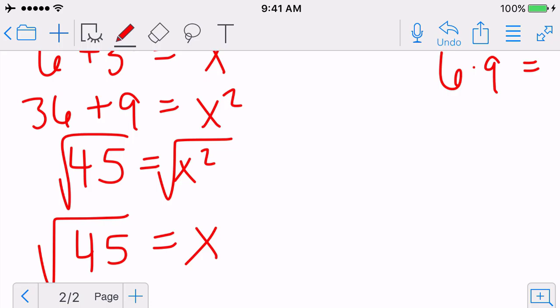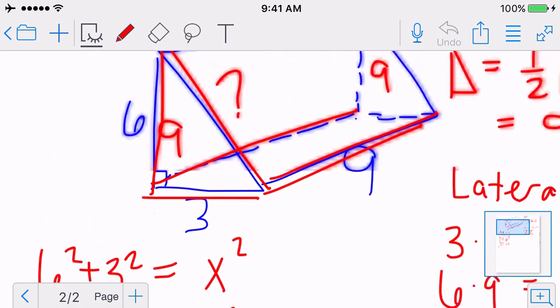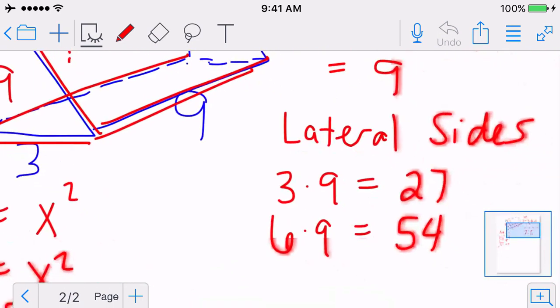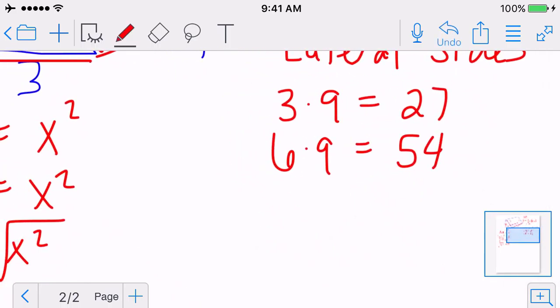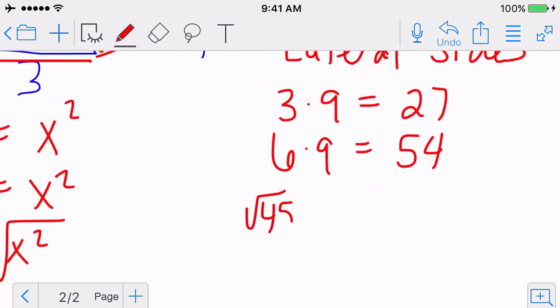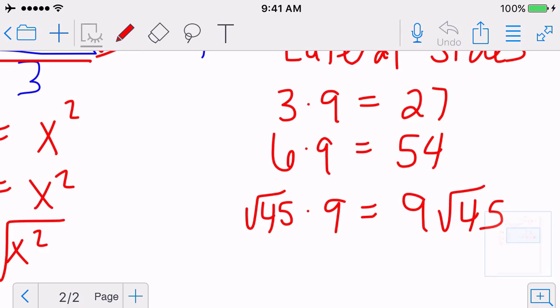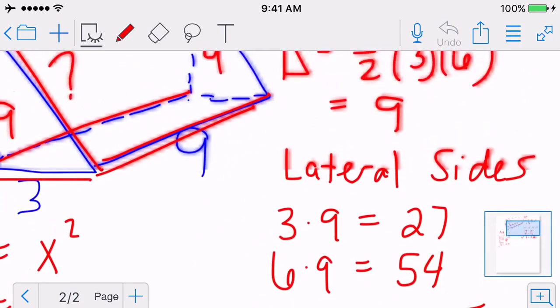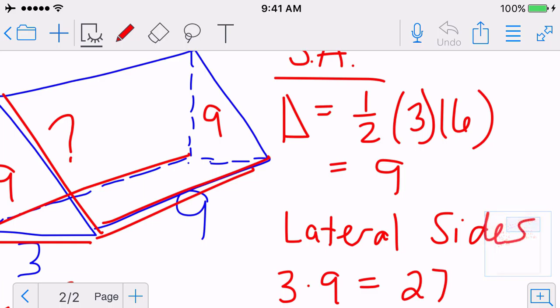Okay, so back over here. Then we know that that's square root of 45 by 9, so it's just going to be 9 square root of 45. So then our total surface area, we need to add 2 of the bases, which are both 9.